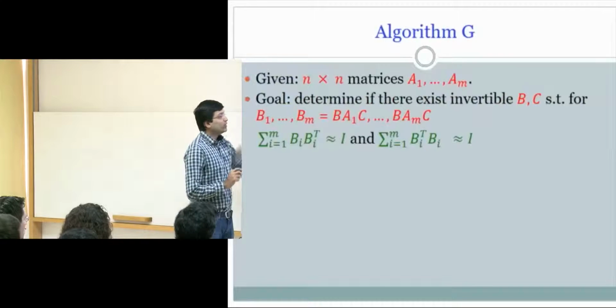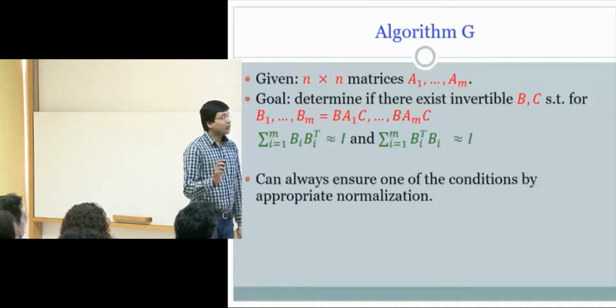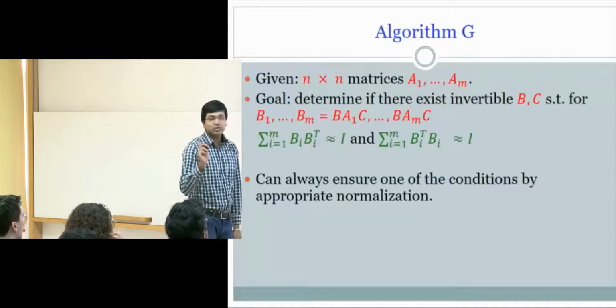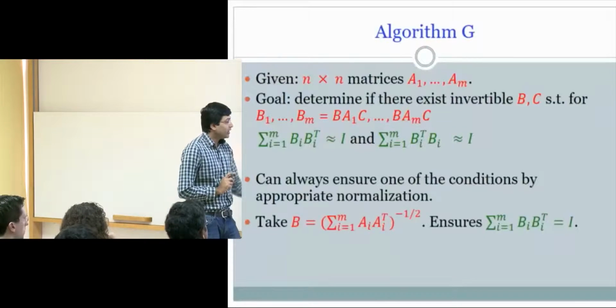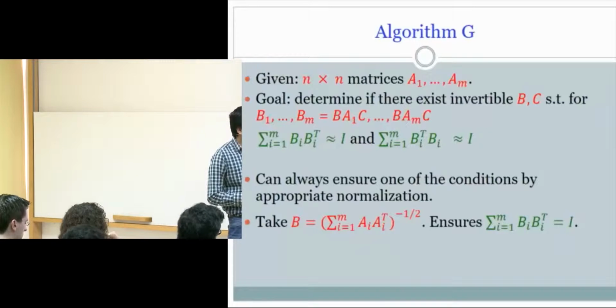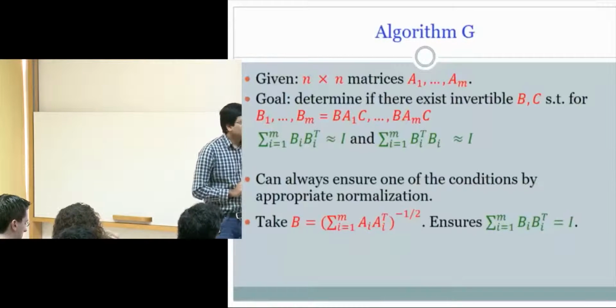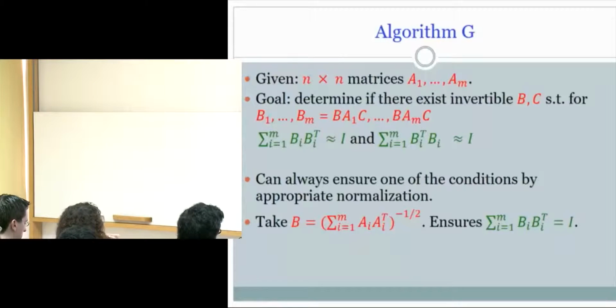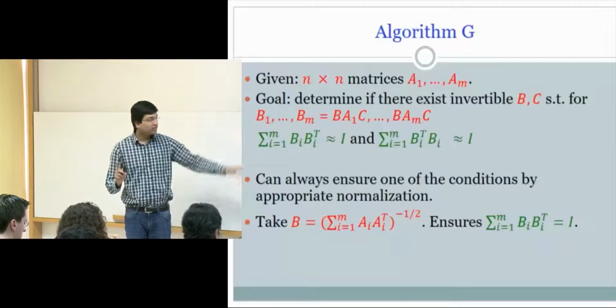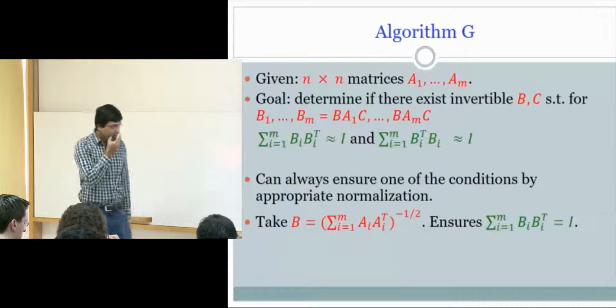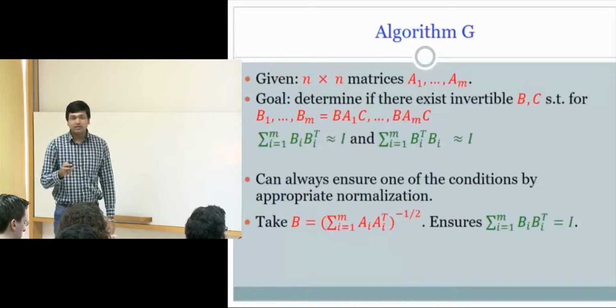Okay, so we want to ensure this. It turns out you can always ensure one of these conditions just by normalization. For example, if you take your B to be summation AI transpose to the power minus half, then summation bi transpose is exactly identity. This is just normalization. Maybe I'll give you time to verify this.